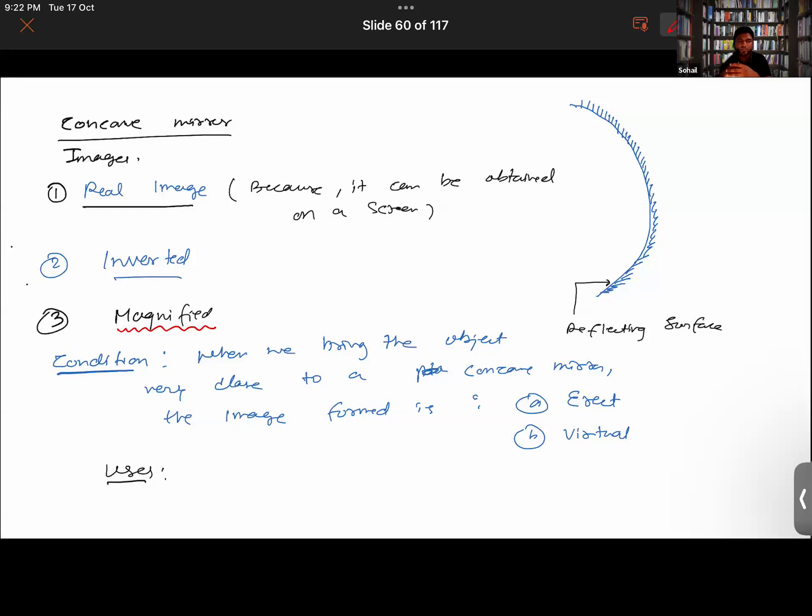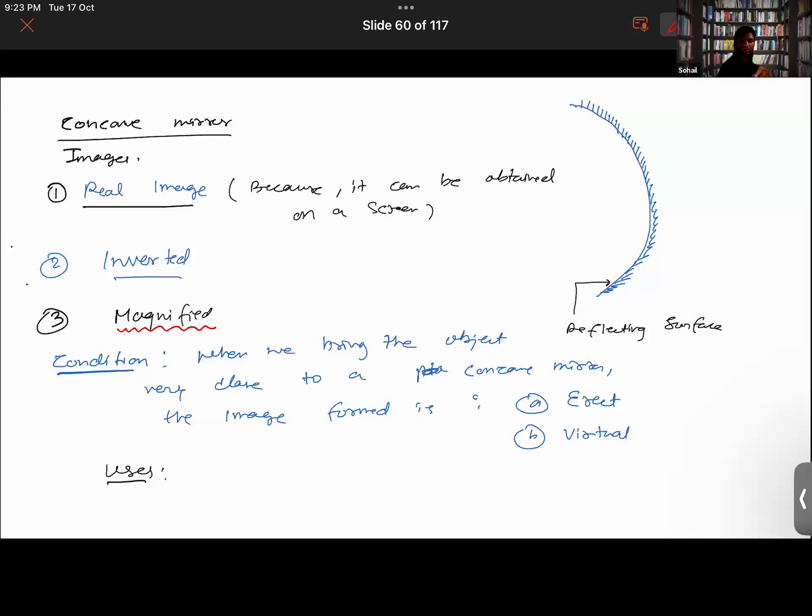Like the mirrors which we have in our cars. Suppose there's an ambulance and it is usually written in reverse form, right? But when we see through a car mirror, we can clearly see that it's an ambulance.